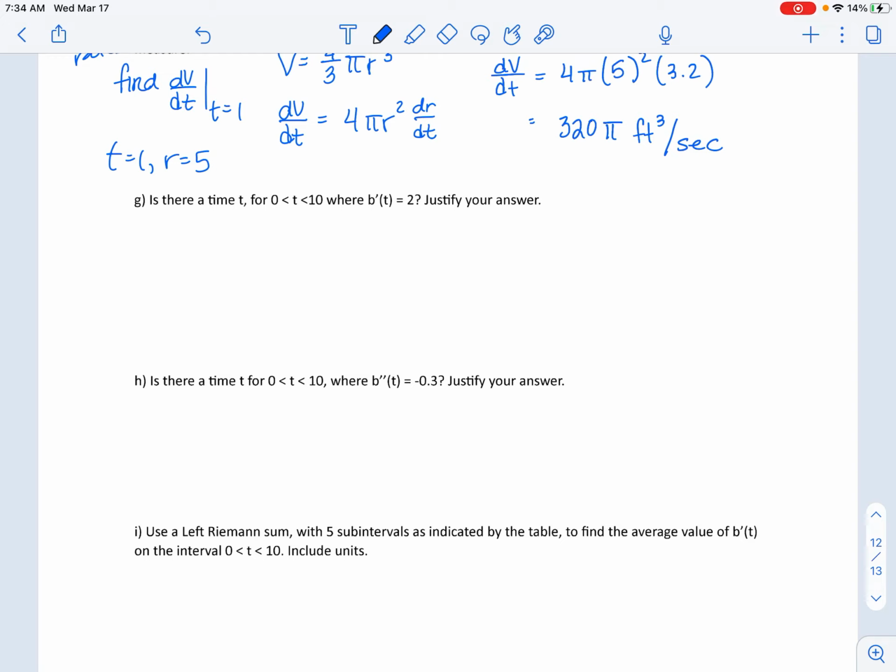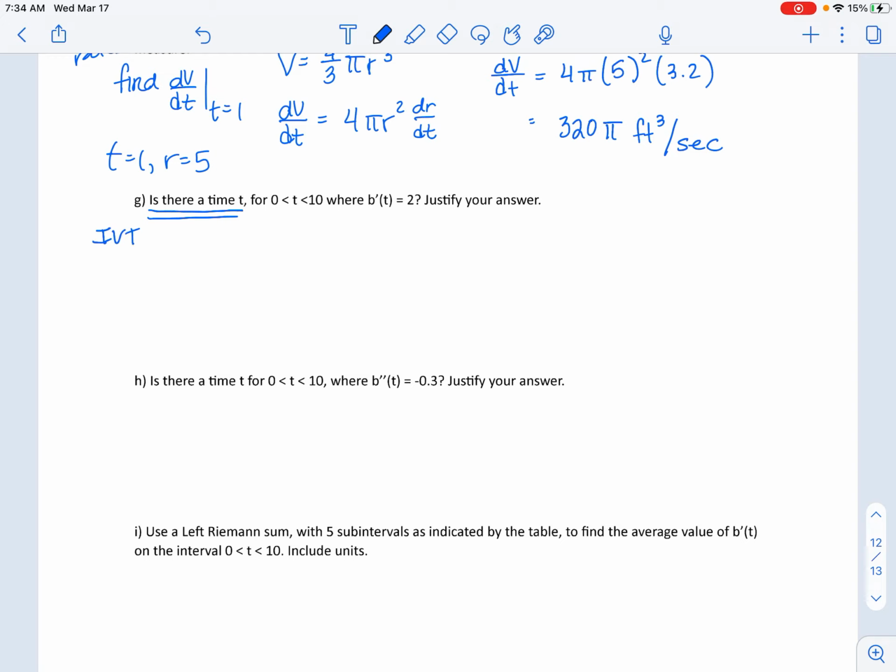All right. Part G, is there a time t when b prime of t equals 2? So is there a time? That means you are looking for intermediate value theorem or mean value theorem. Since we're dealing with all derivatives, we're not actually taking the derivative, we're just talking about the derivative function, this is intermediate value theorem.